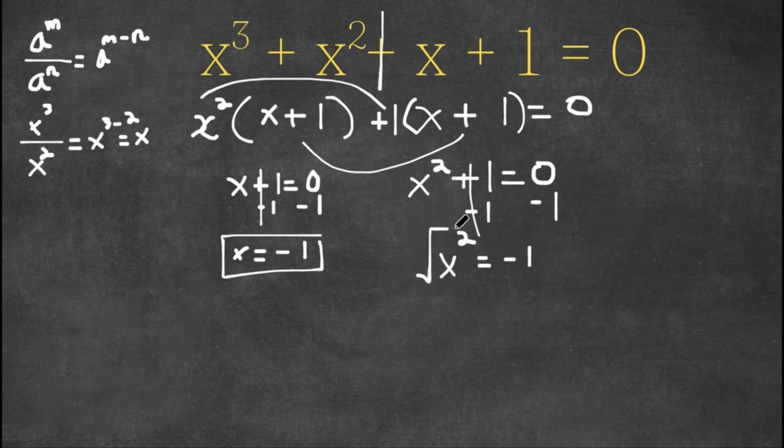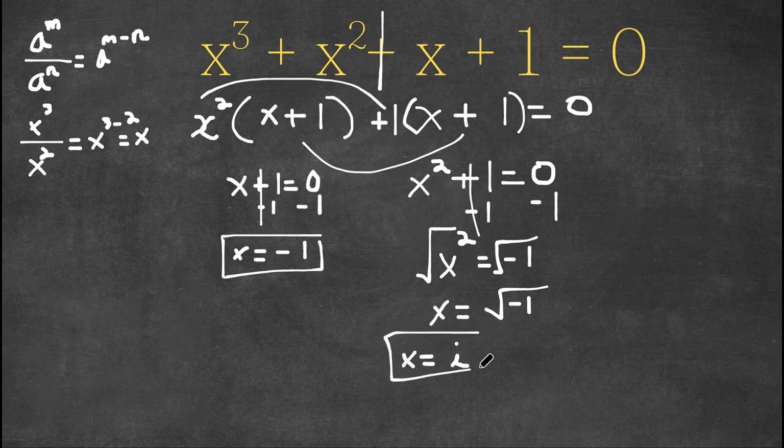Now, if we take the square root on both sides, we get x equals the square root of negative 1. And the square root of negative 1 is actually equal to i. So i is also a solution. So our two solutions are x equals negative 1 and x equals i.